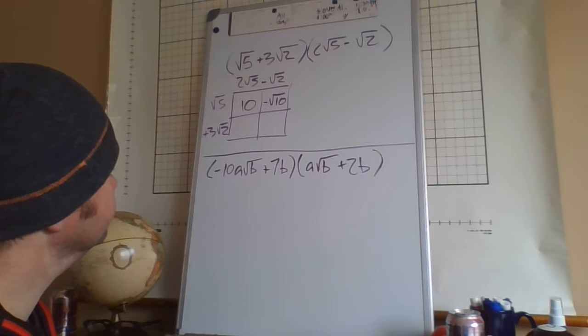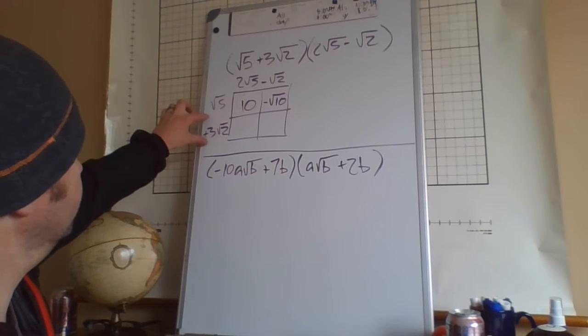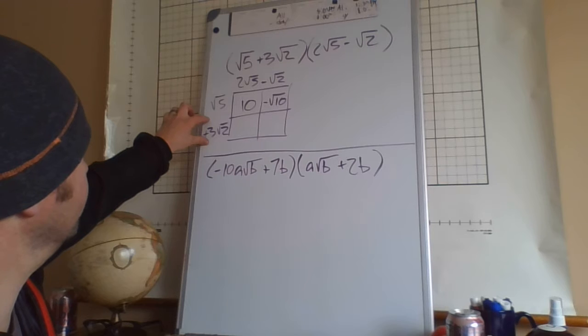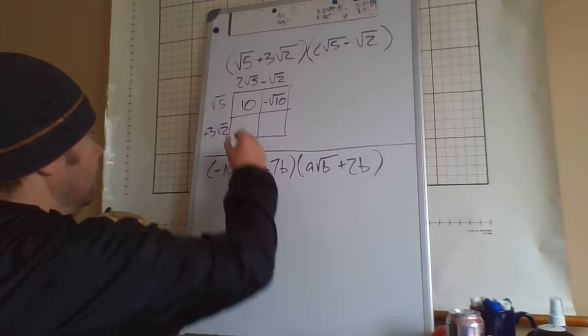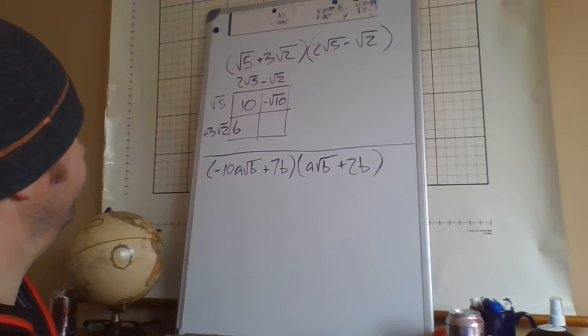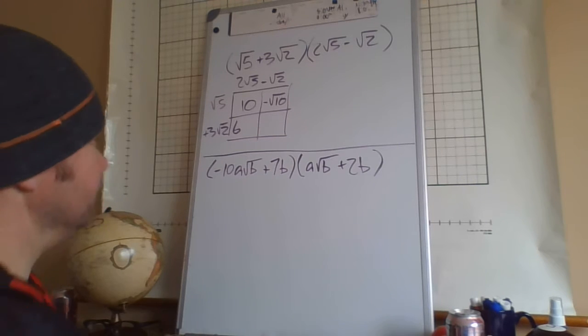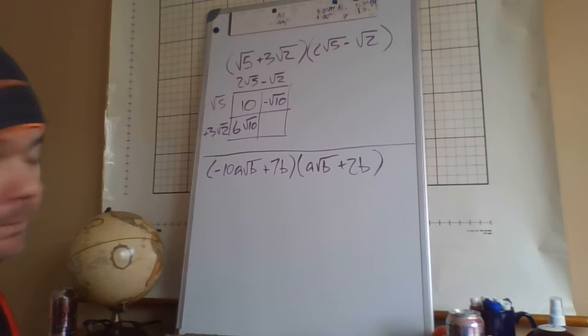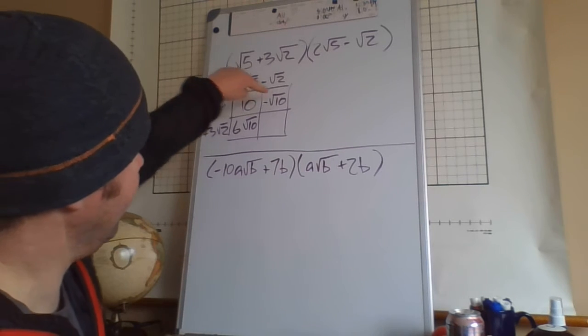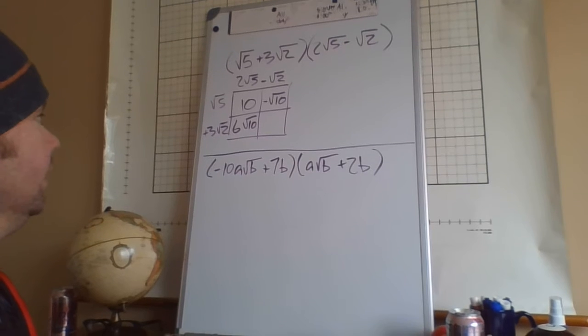Okay. Here, 3 times square root of 2 times 2 times the square root of 5. I do the 3 times the 2, it gives me 6. Square root of 2 times square root of 5 is square root of 10. I'm already noticing I've got like radicals; I'm going to be able to combine those.